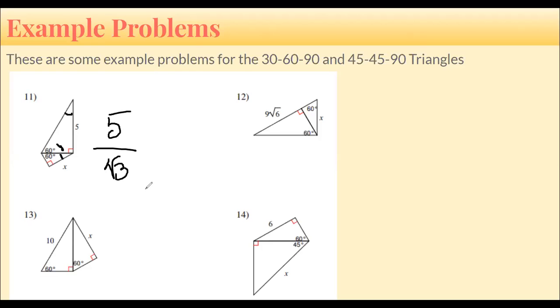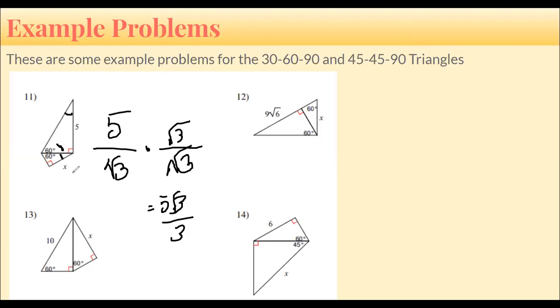So now remember, you can't have a square root in the base, so you would just multiply by square root of 3 over square root of 3, which would give you 5 times square root of 3 over 3. So that's the length of the common side, and it's also opposite to the 90-degree angle.